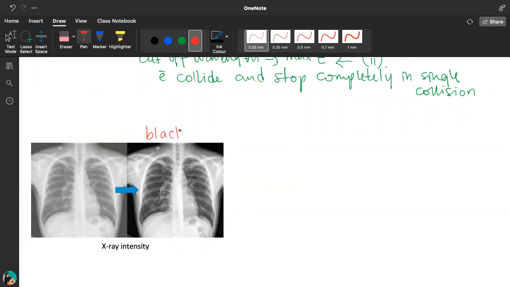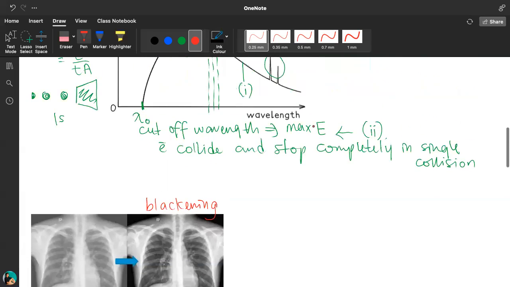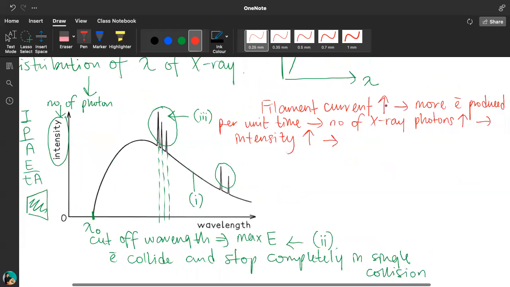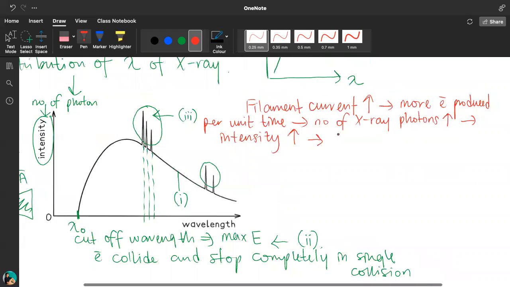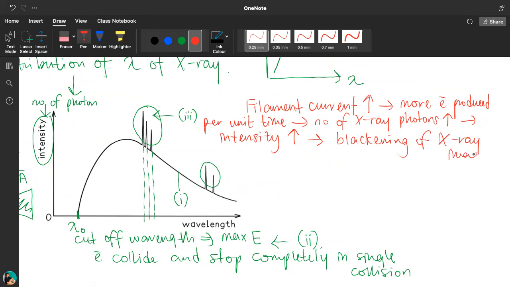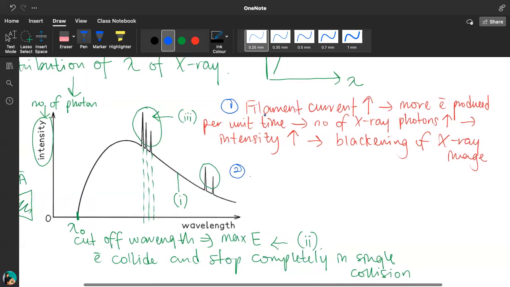So increasing the filament current will increase the blackening of the X-ray image. Okay, now this is number one, increase the filament current and the effect of it.